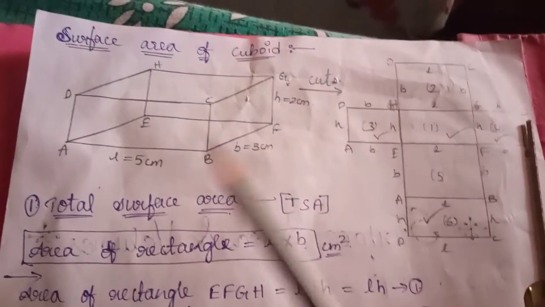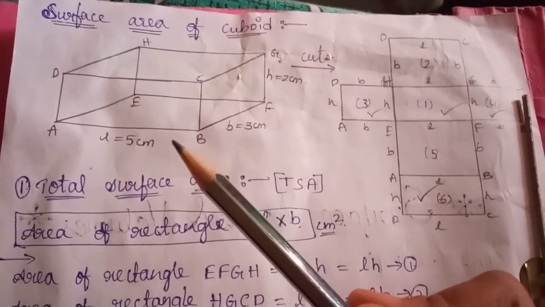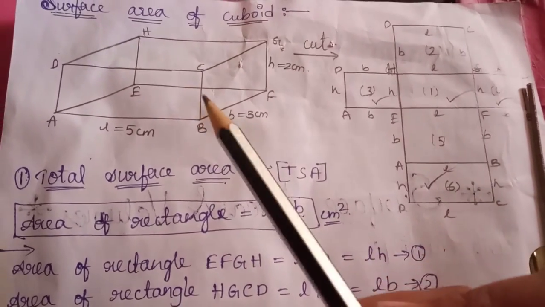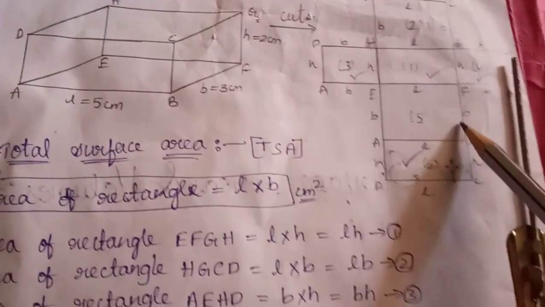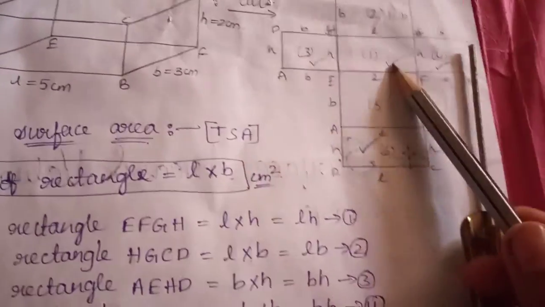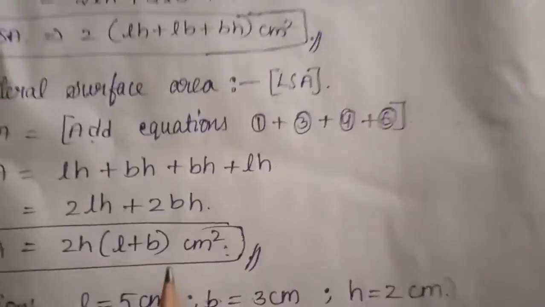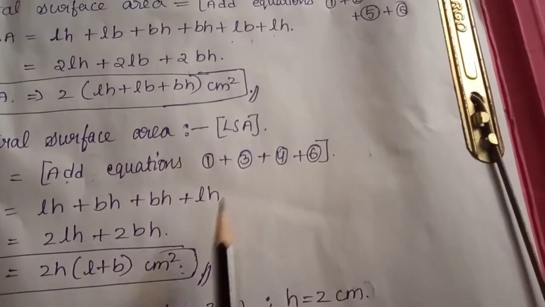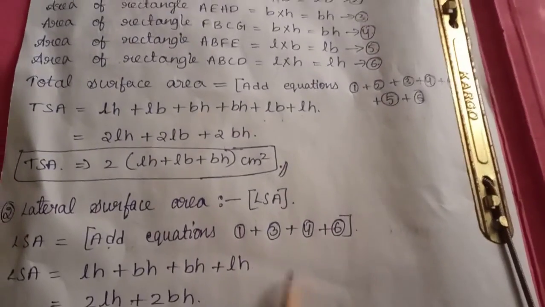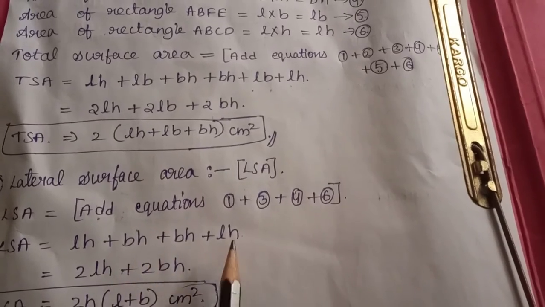So only the 4 sides of the cuboid we should add, and then we will get the lateral surface area. So we should add equations 1, 3, 4 and 6. By adding these, they are LH plus BH plus LB plus LH.